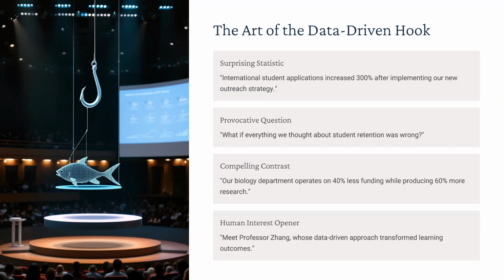Compelling contrast, for example: our biology department operates on 40% less funding while producing 60% more research. This can attract the audience to see, wow, what kind of performance with a reduction in funding. That would be a very good contrast that can hook the audience's attention.